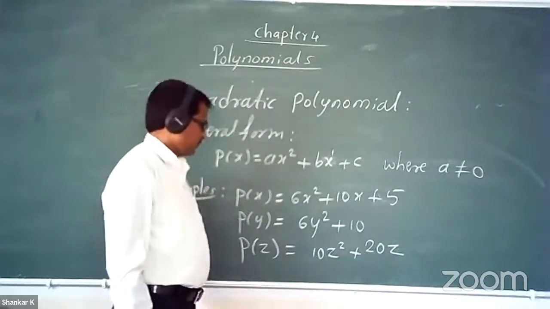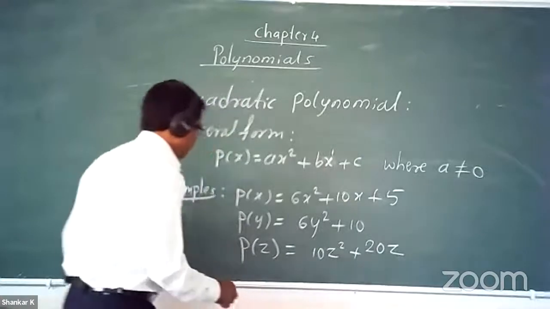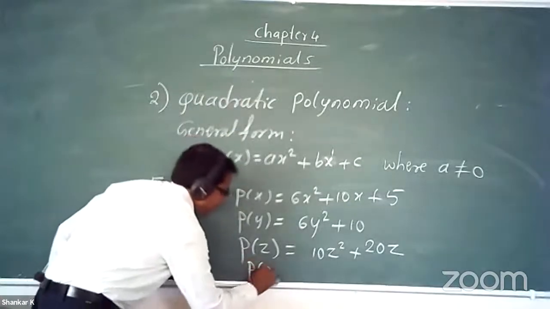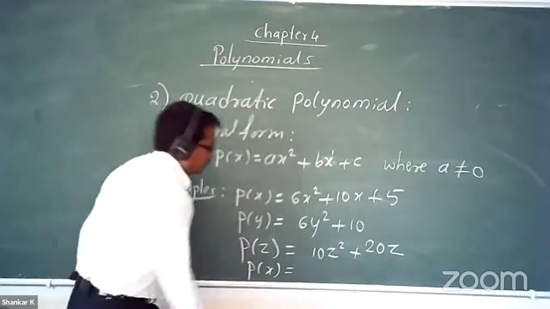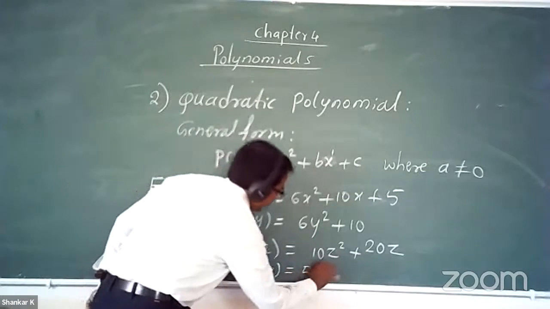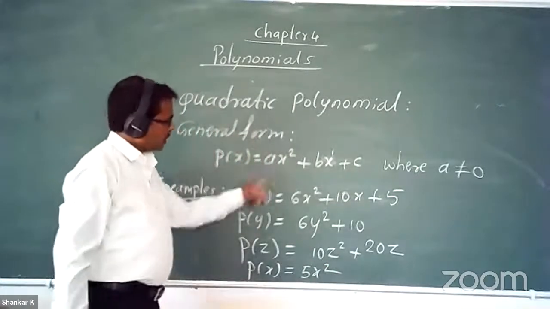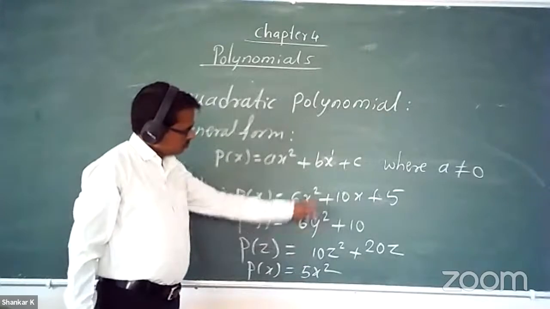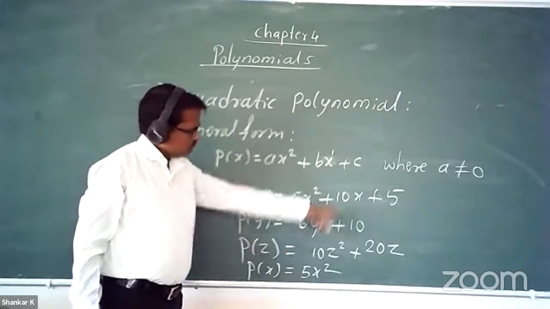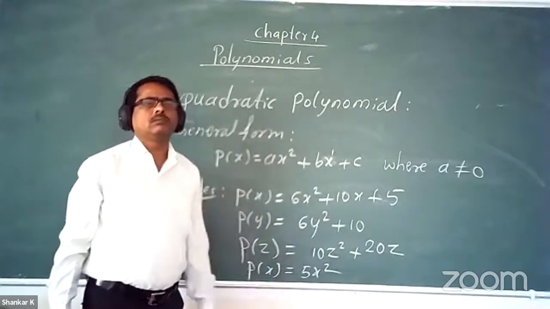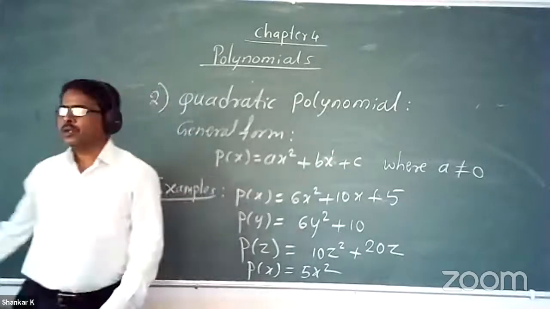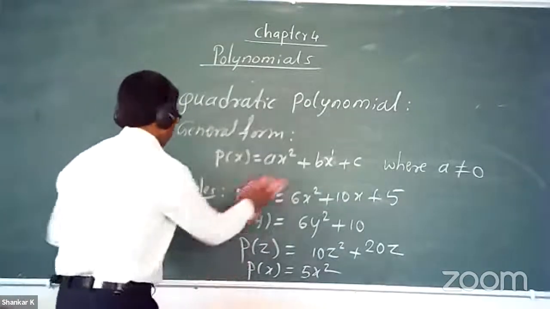Understanding, students? One more example. P of x equals 5x square. This is also a quadratic polynomial. A is 5. B is not there, so 0. C is not there, that is 0. This is about quadratic polynomial.